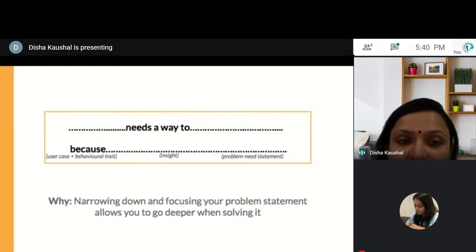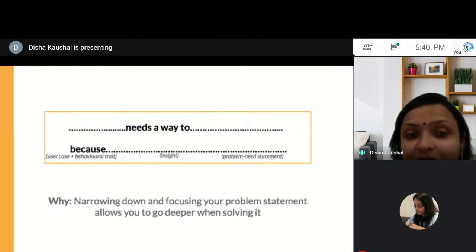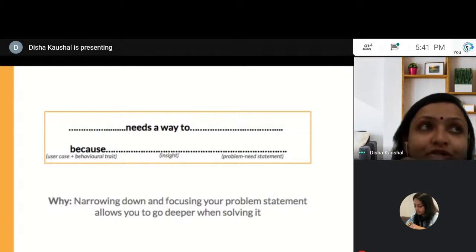In the third blank, sorry, after because, you have to put in a surprise insight, which is something that you have understood only because of your empathy interview or your research, whatever you have done using whatever empathy technique.